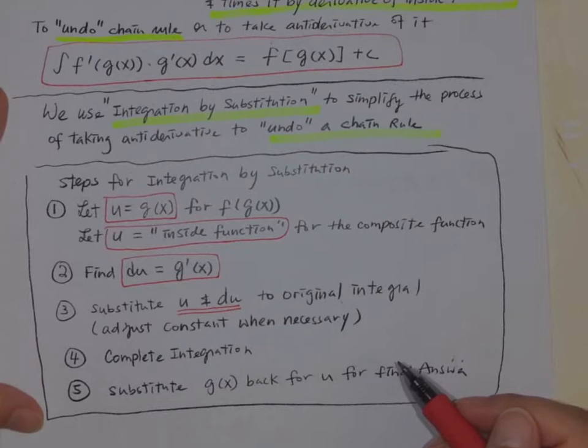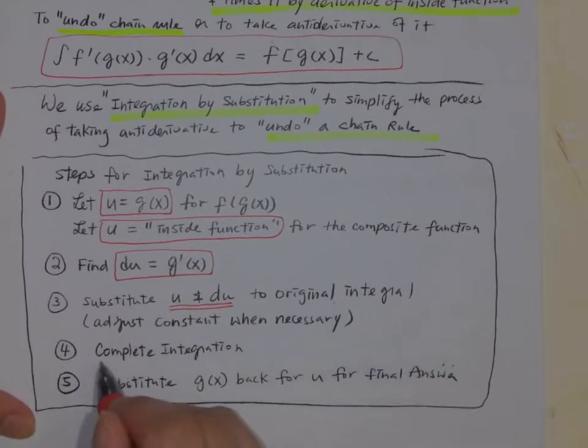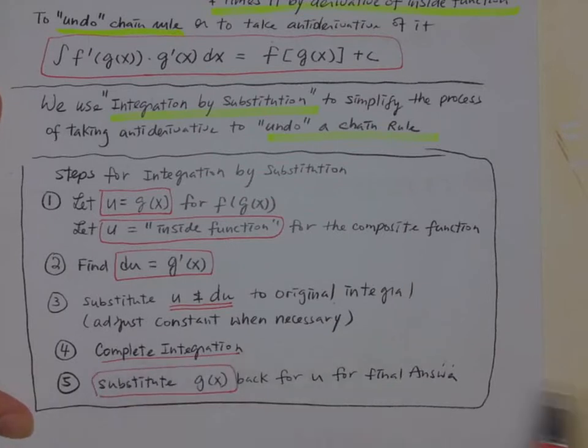Sometimes you may have to adjust the constant, then complete the integration, and don't forget to substitute g of x back. It seems pretty complicated, so let's look at this together and do some examples.